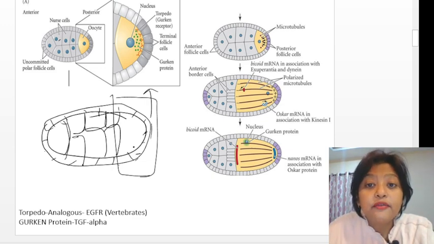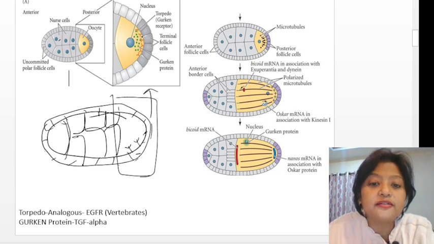There are some receptors present, known as the torpedo receptors. They look like the orange structures you can see out here. These torpedo receptors accept the gurken proteins.